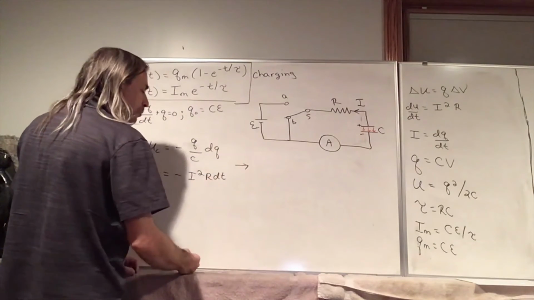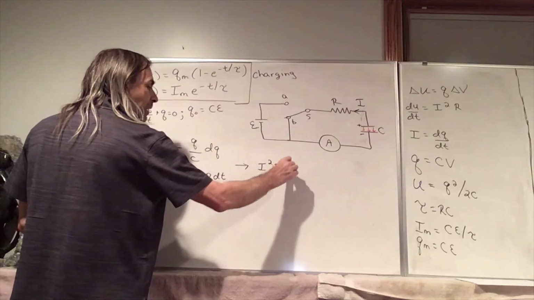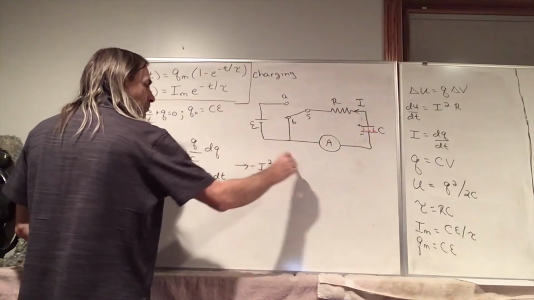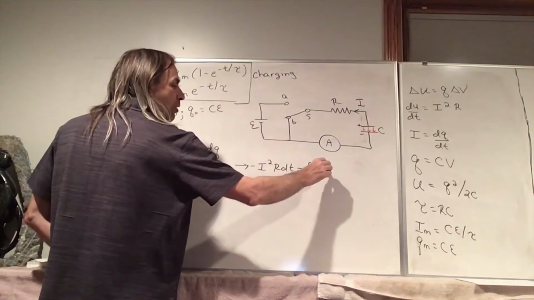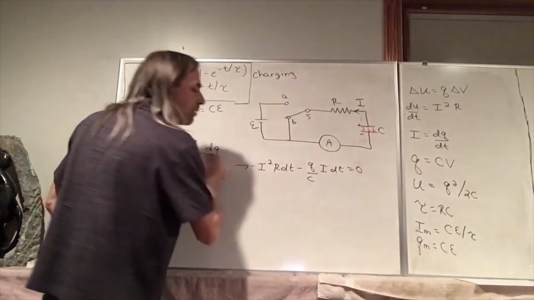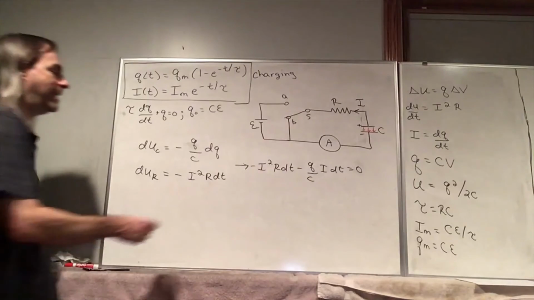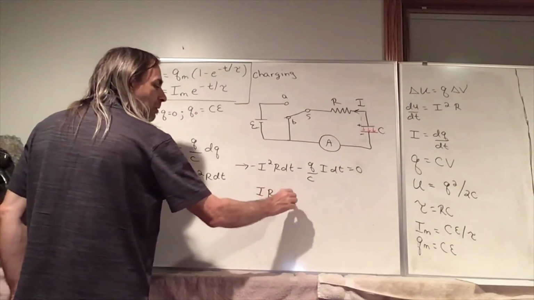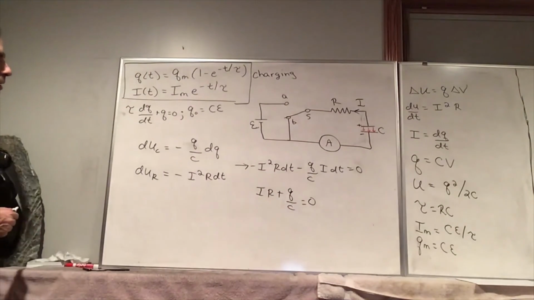If we add that up, we have to get 0. So we have I squared R dt is equal to minus Q over C dQ. I'm going to write I dt. And so if we multiply by -1 and then divide by I dt, we get IR plus Q over C equals 0.